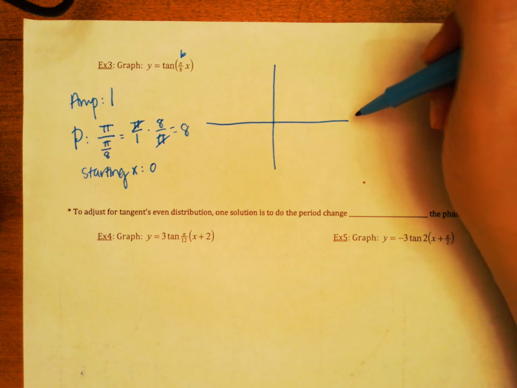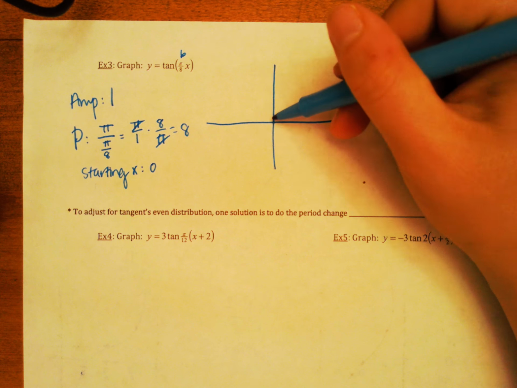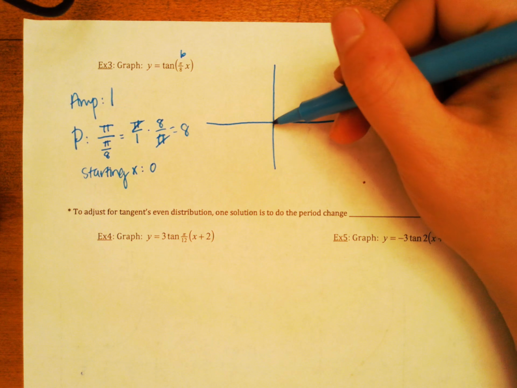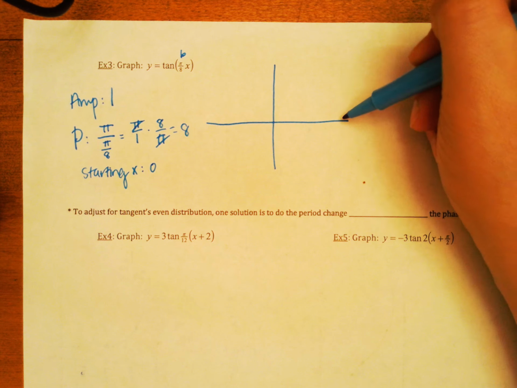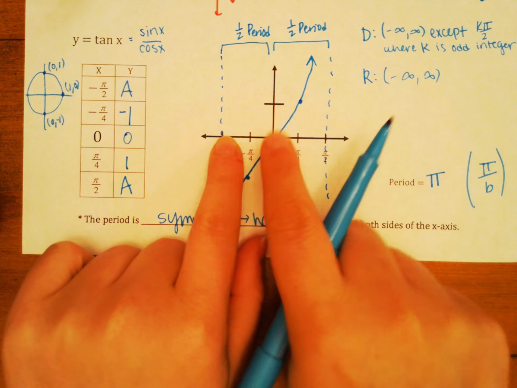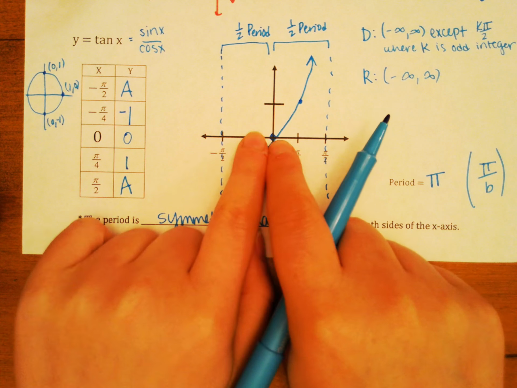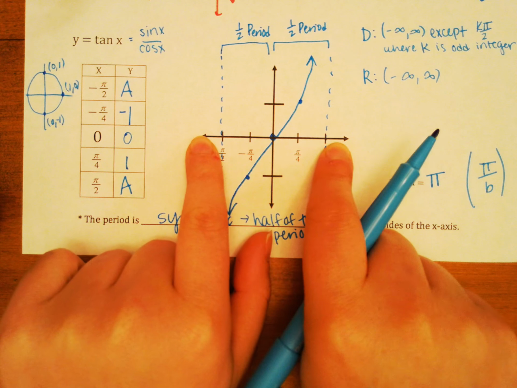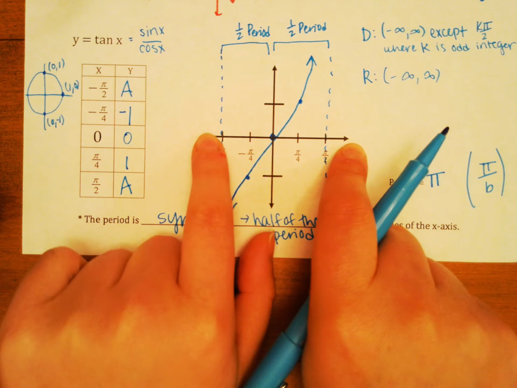But our ending x is not 8, because the entire period is not from our starting value to our ending x value over here. Our period is actually split up across from our starting value. So we take our starting value and then we take half of the period on either side. We go halfway this way, and then those are our asymptotes for our graph.